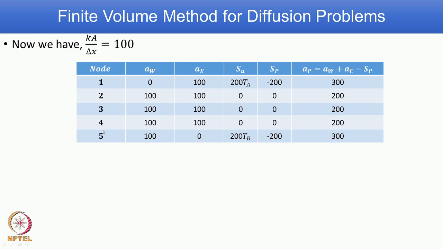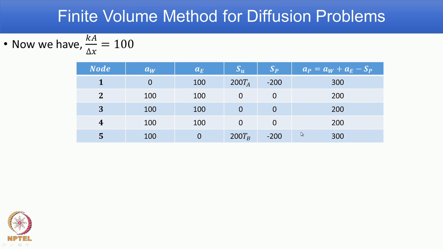Similarly, for node 5 there is no east node, the east surface is the boundary condition location itself. Hence, A E is 0 and A W you are able to evaluate. The boundary conditions which are enforced appear as a source term, for node 1 as shown here and for node 5 as shown here.